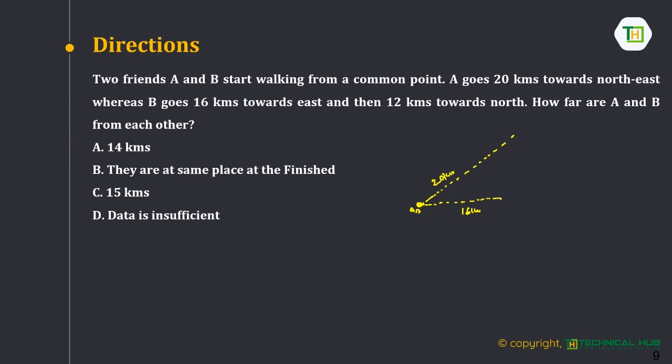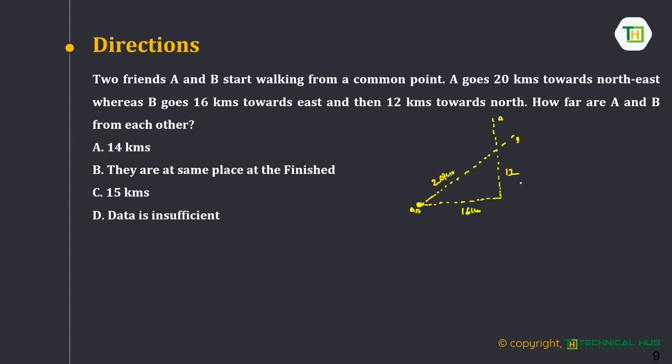So this is the 12 km towards north. This is the B position, this is the A position, exactly intersecting here. This is the 12.